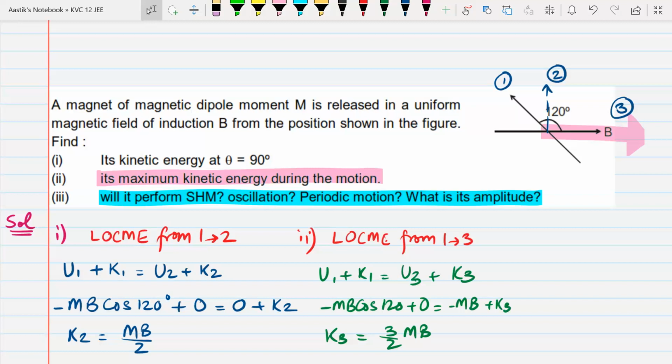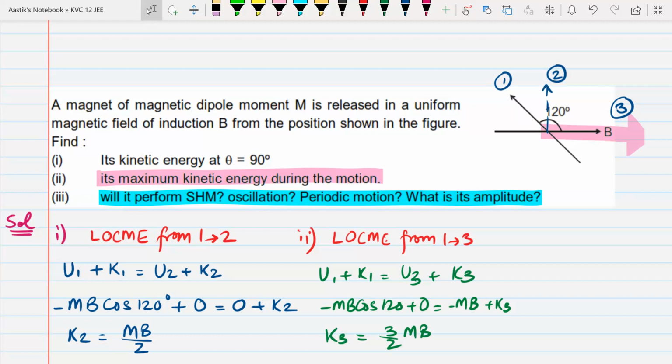Okay. Is simple harmonic motion periodic? Yes or no? Yes, sir. Is it oscillatory? Yes, sir.